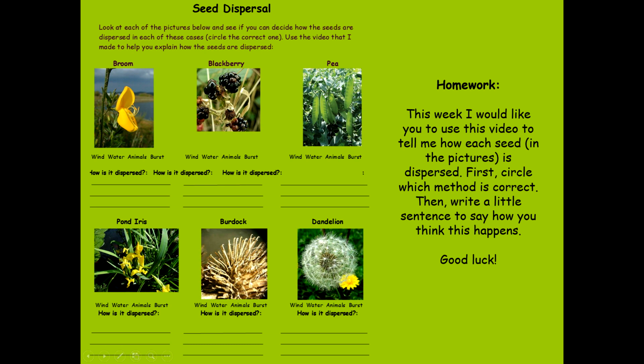Now, firstly, I would like you to circle whether it's wind dispersal, water dispersal, animal dispersal, or burst dispersal. Then underneath, write just a very simple little sentence trying to tell me how you think they are dispersed. Again, go back and have a look at this video a second time, and that will help you with this homework. Good luck, guys. I can't wait to see it.